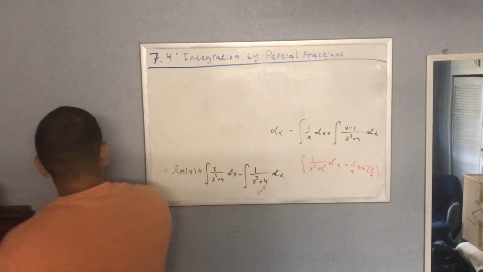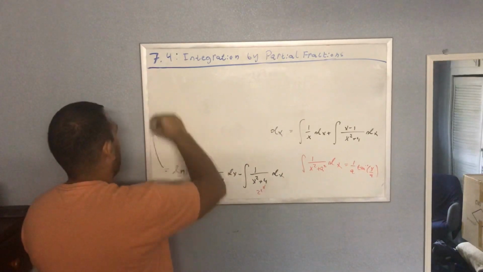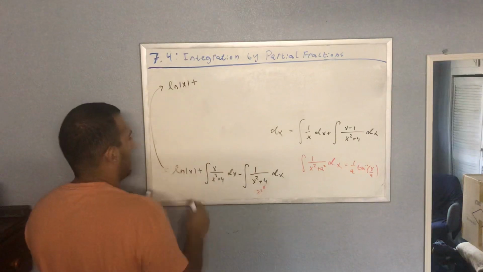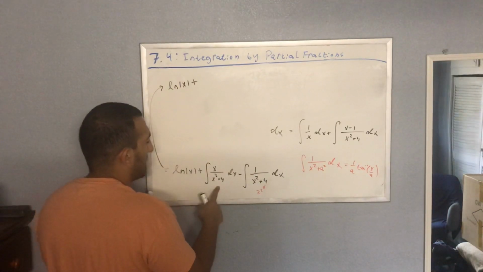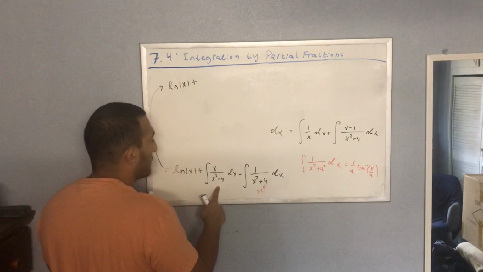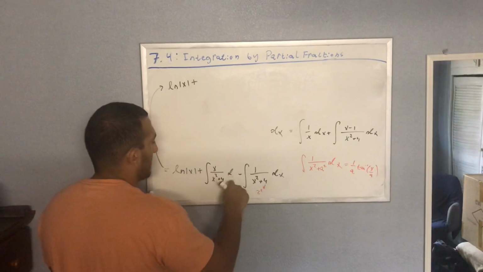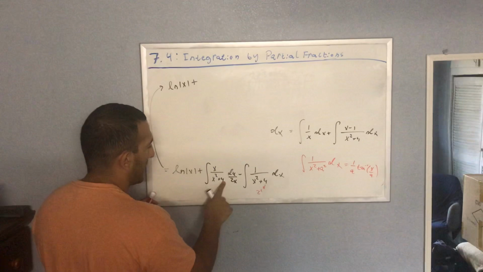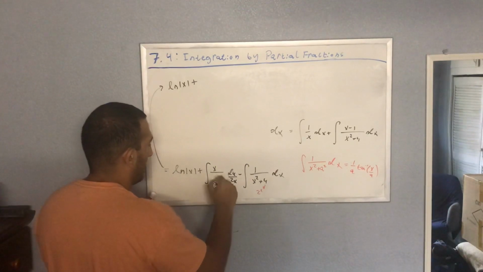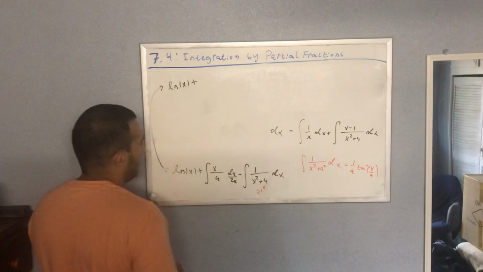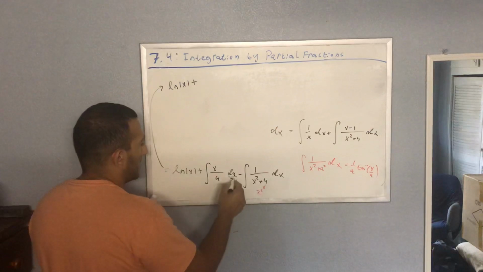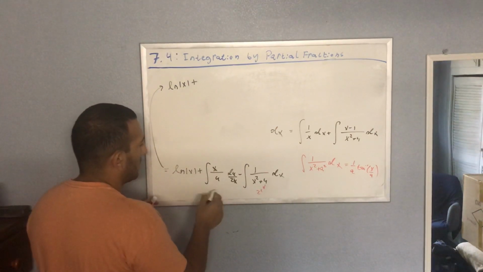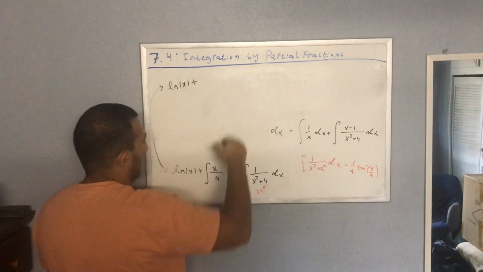So coming back up here, we get that our final answer is the ln of absolute value of x plus, now when you do u substitution here, the factor you pick up is a 2x. So this dx will turn into du over 2x, because we're going to let u be equal to this. And so these guys would cancel. So you have the integral of 1 over u, which is the ln, and this 1/2 here.